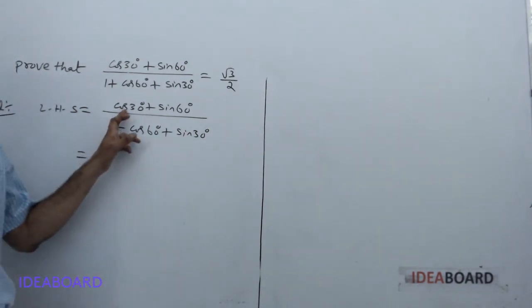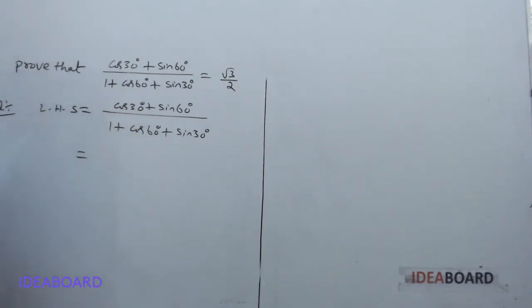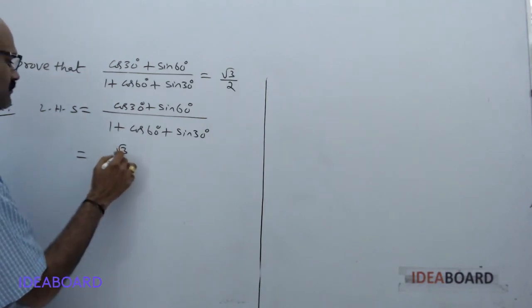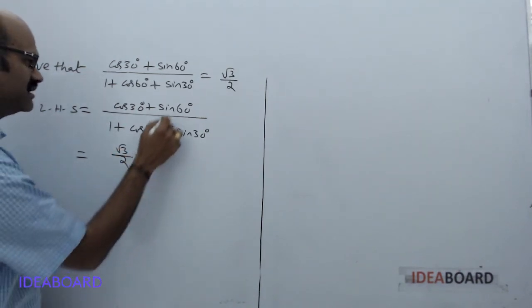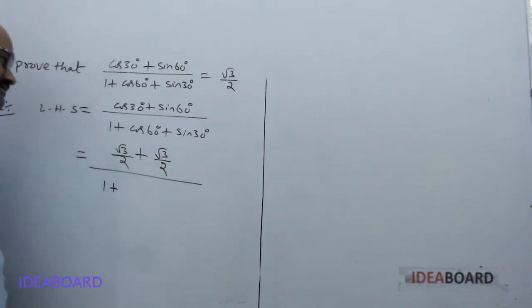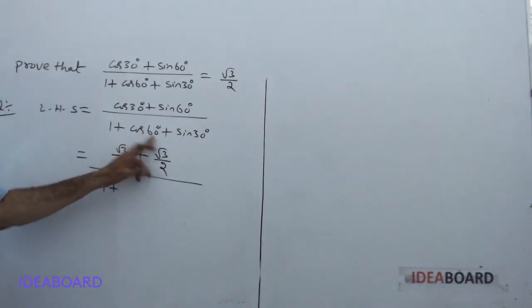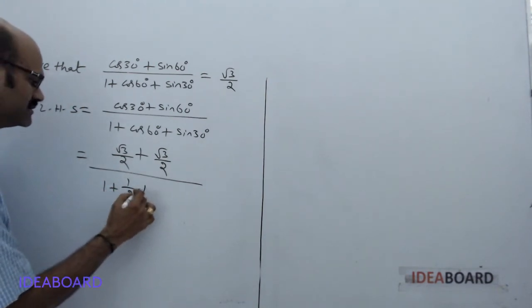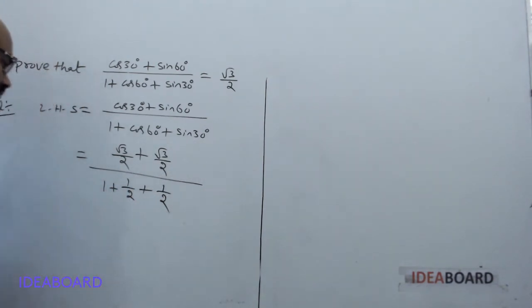Now the value of cos 30 is root 3 by 2, sin 60 is root 3 by 2, whole by 1 plus cos 60, value 1 by 2, plus sin 30, 1 by 2.